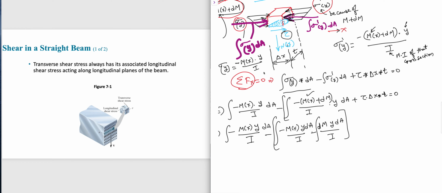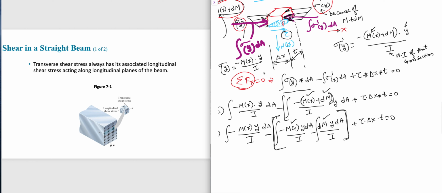This one I split into two parts: one is for M of x, the other one is for dM. Because this negative is for both the terms, I wrote negative here and negative there, and the whole thing is in the parenthesis. Plus tau times delta x times t is equal to 0.